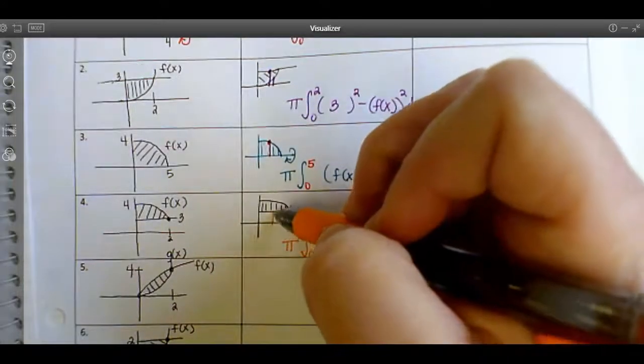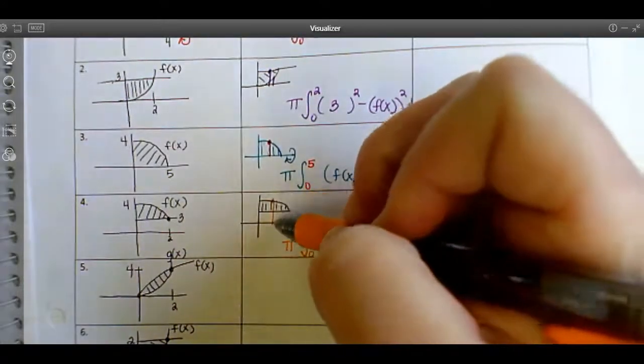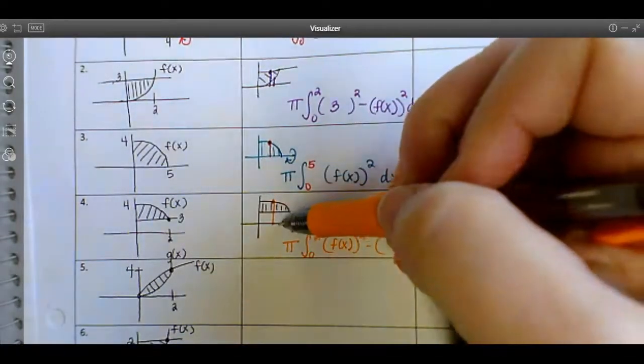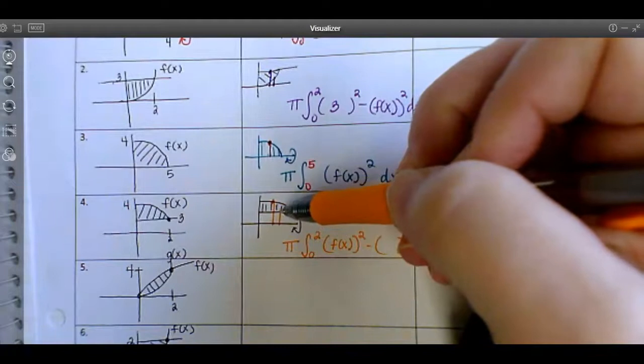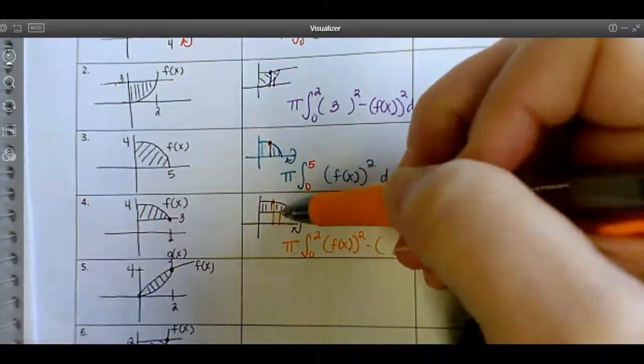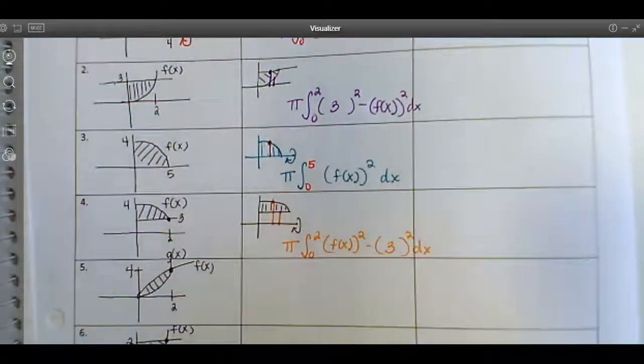Alright, start from where you're rotating, going to the outside, so that's just the function minus 0, or just the function. Start from where you're rotating, going to the inside, so that's just 3, because that's where the line is, 3 minus 0, or just 3 squared.